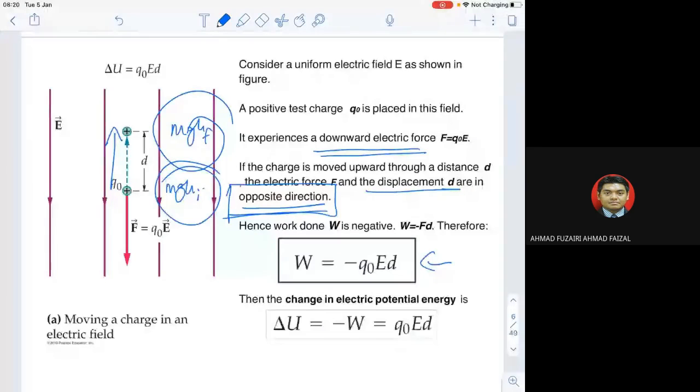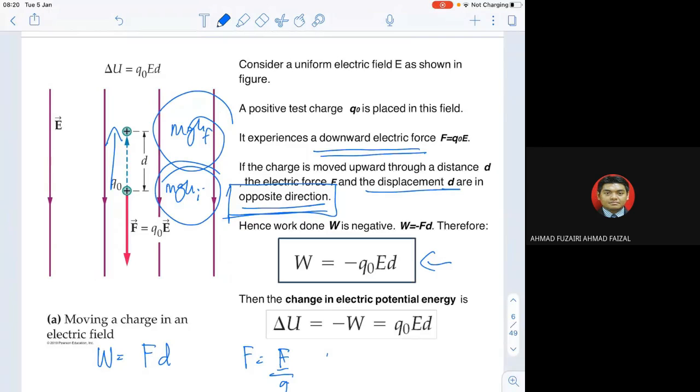It all started with the equation of work done. Work done is W equals F d. Just make it simple. And we know that, according to the electric force, F is equivalent to E Q naught, because E equals F over Q naught.